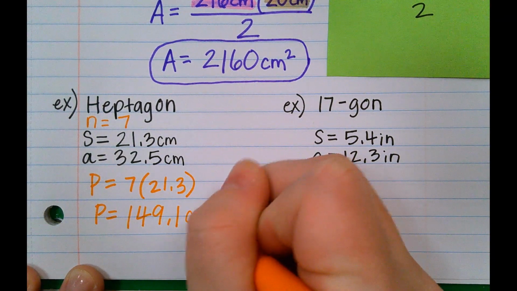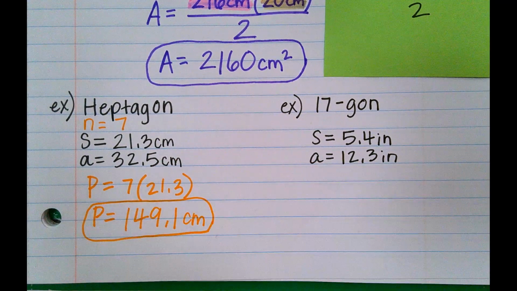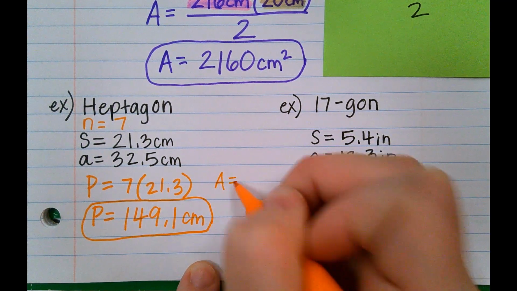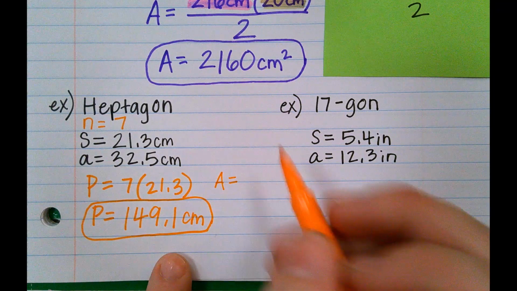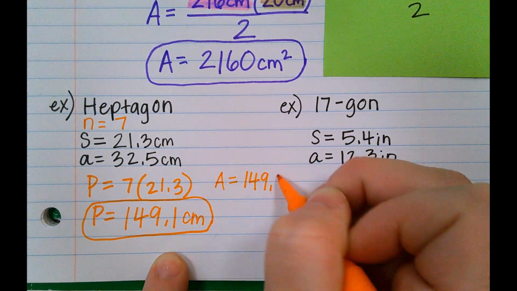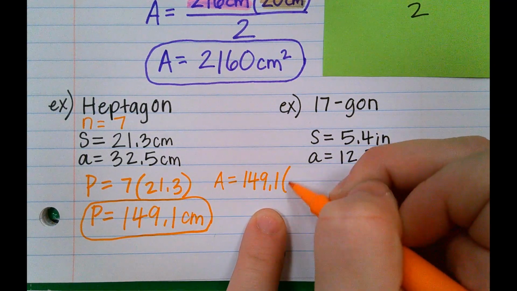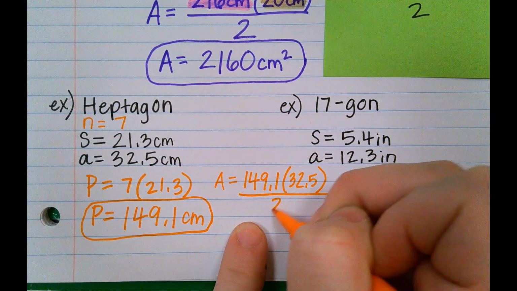Centimeters. Good. Got my perimeter. How do I find area? Yes. Perimeter times apothem, 32.5. So 149.1 times 32.5. Perfect. Divide by 2.